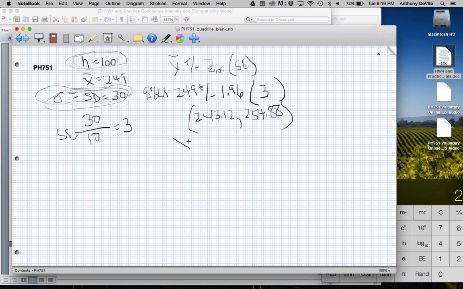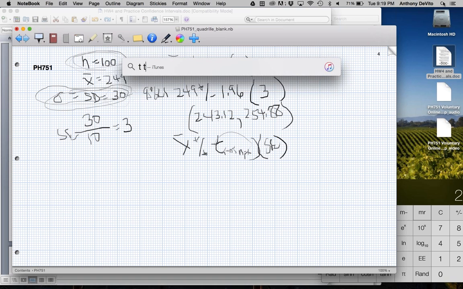Then we would have x bar plus or minus, instead of using the z-score, the t-score for alpha equal to 0.05, for a sample size of 100, or 99 degrees of freedom. Whatever that t-score is, we multiply it times our standard error, which happened to be 3. Well, let's look up our t-table and see how that would affect things.